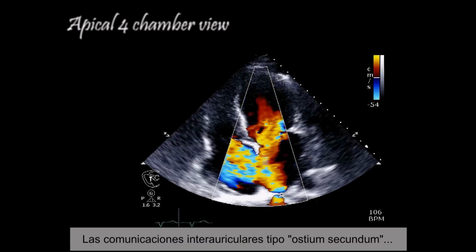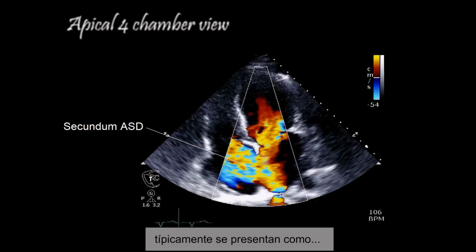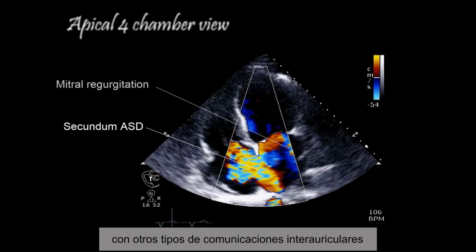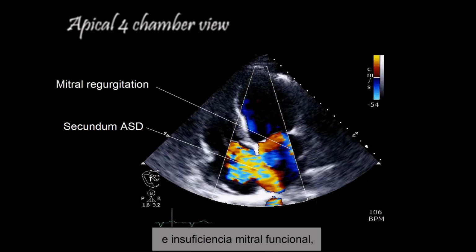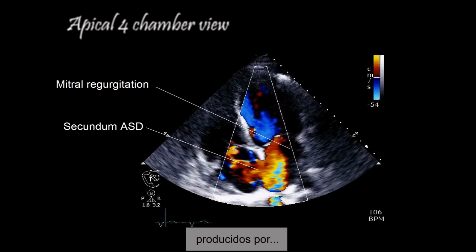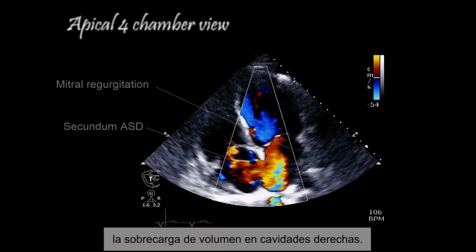Secundum atrial septal defects typically present as an isolated cardiac defect, though they may be contiguous with other types of atrial septal defects and functional mitral valve prolapse, perhaps related to a change in the left ventricular geometry associated with right volume overload.